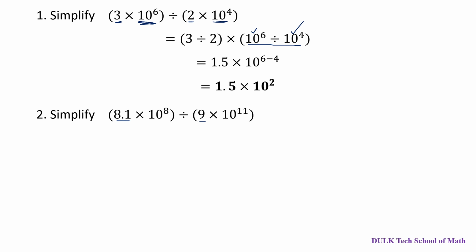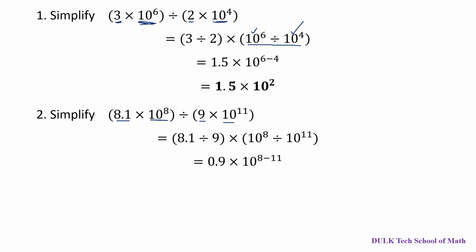So we're going to divide 8.1 by 9, and at the same time, 10 to the 8 will be divided by 10 to the 11. 8.1 divided by 9 is equal to 0.9, and here we simply subtract the powers, 8 minus 11. Then this simplifies to 0.9 times 10 to the power minus 3.